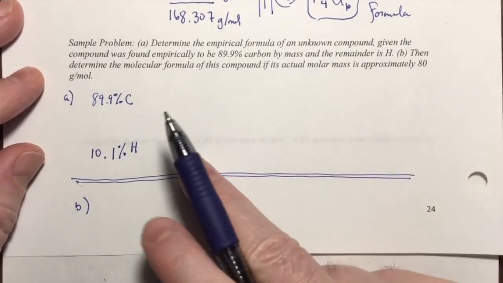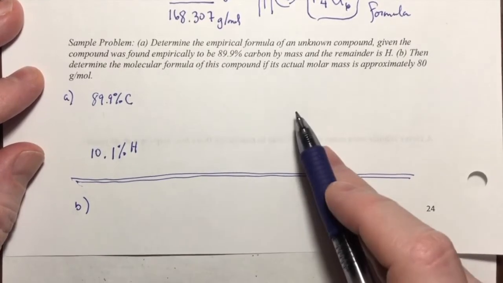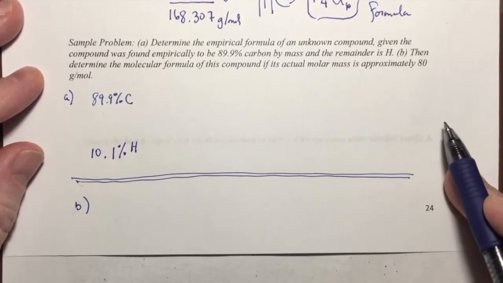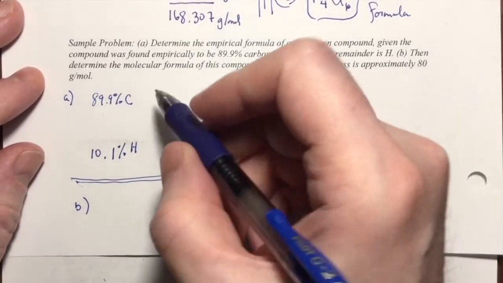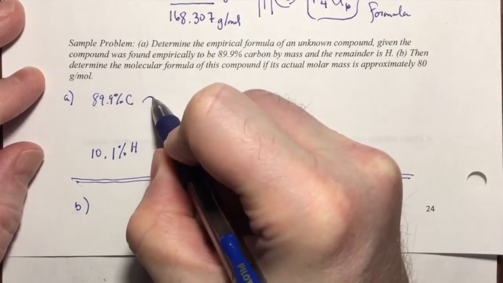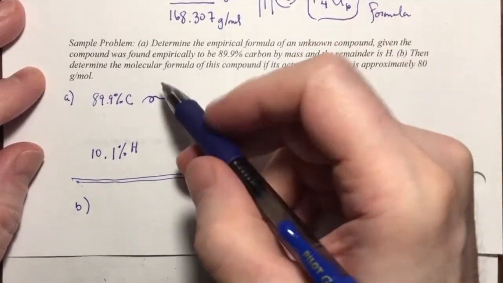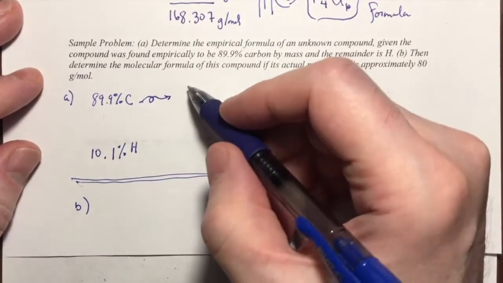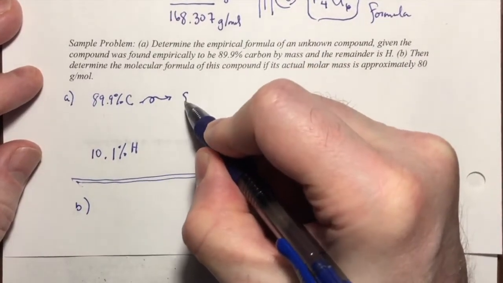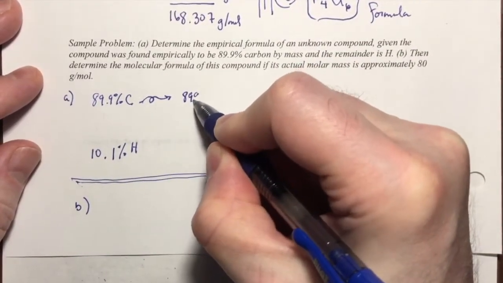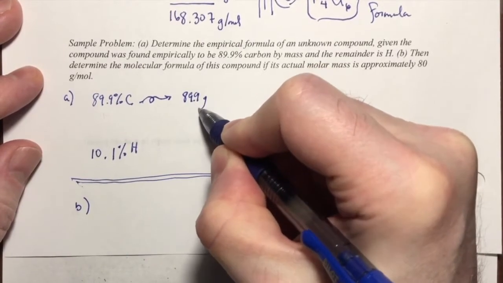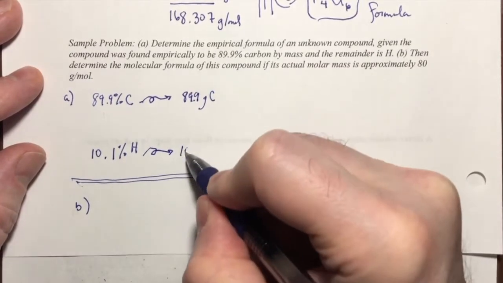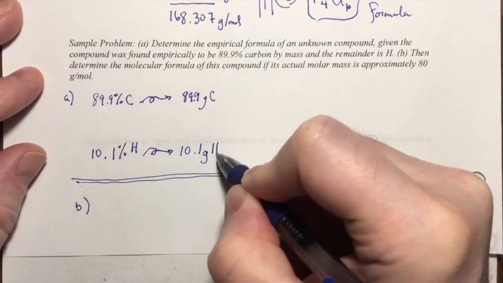Now, remember the 4 steps. Percent to mass, mass to mole, divide by smallest, multiply to whole. The last step may not be necessary. Here we go. Percent to mass. No math here, that's why I'm doing the swoopy arrow, just to say, and then magic happens, and I suddenly have 89.9 grams of carbon and 10.1 grams of hydrogen.